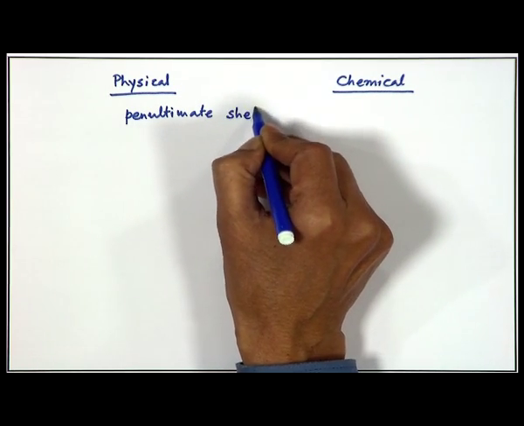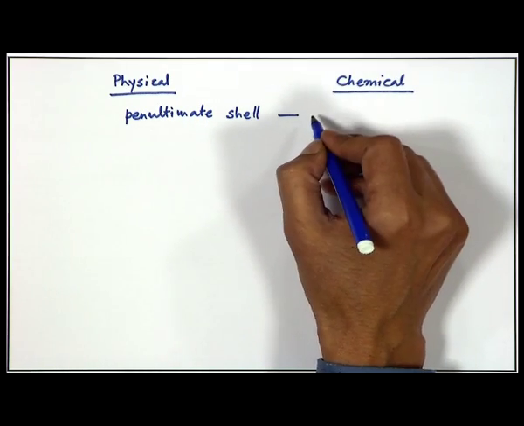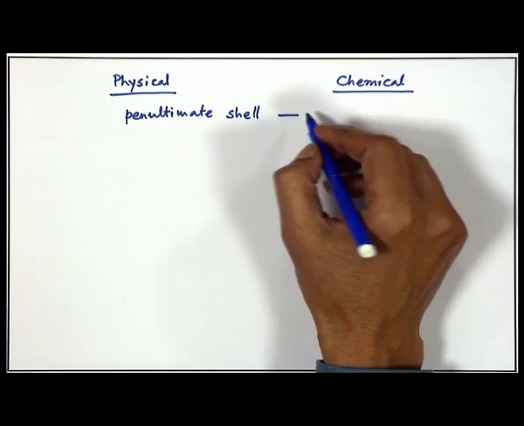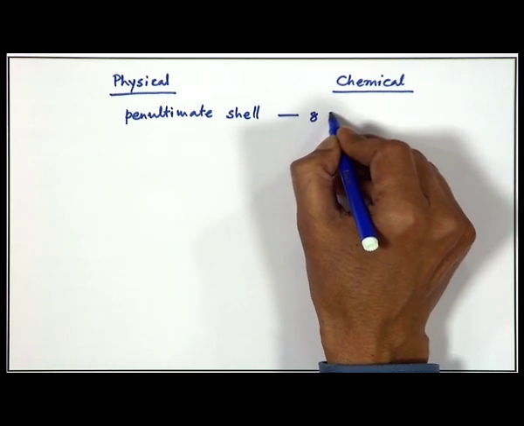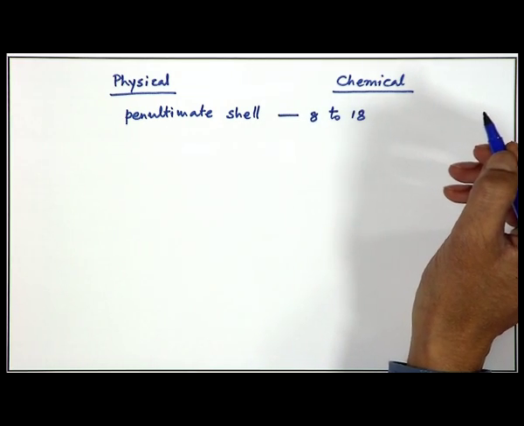The shell is also expanded: when S is filled and P is filled, we get 8 electrons, but in this case the D level is filled, the D shell is filled. So, we move from 8 to 18 electron occupancy.